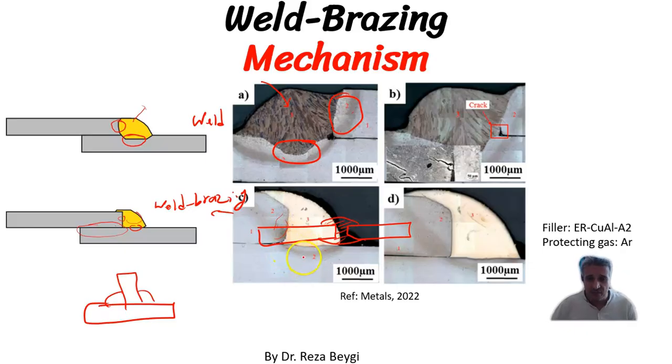We may have some slight fusion of the surfaces of the base materials, but it is not necessary to have this melting. So the procedures that we use to do weld brazing and welding have some differences, which I may discuss in future videos if you like.